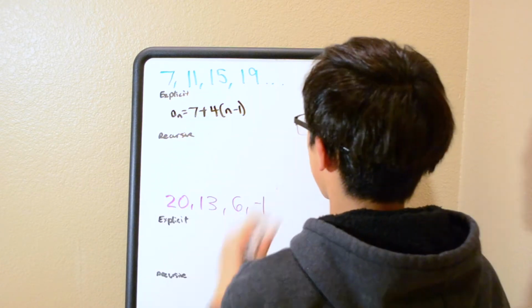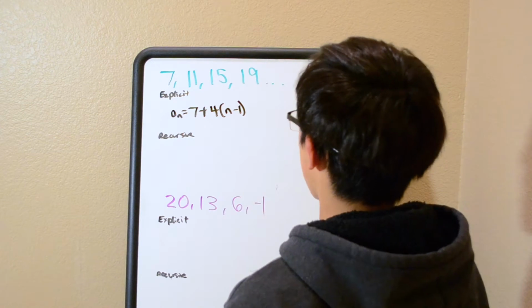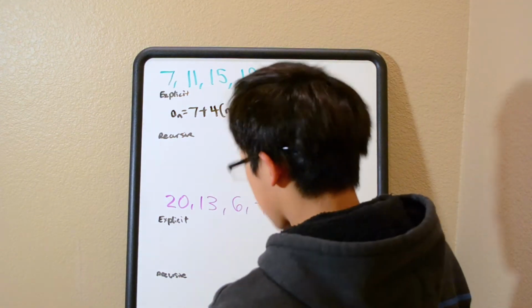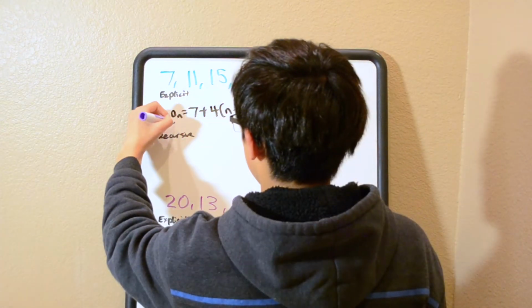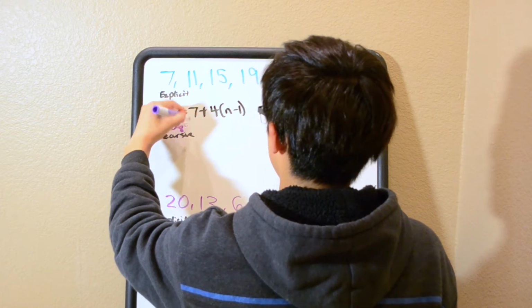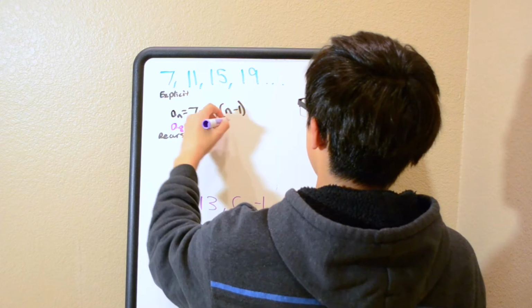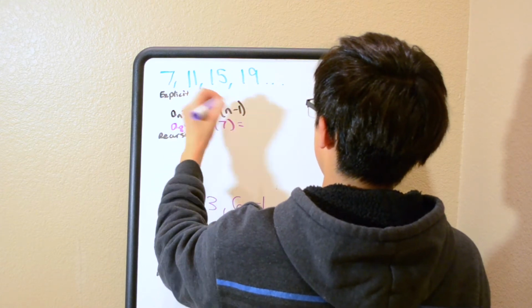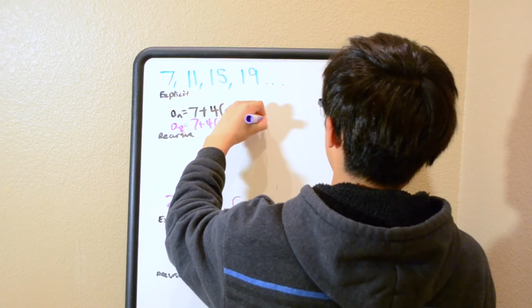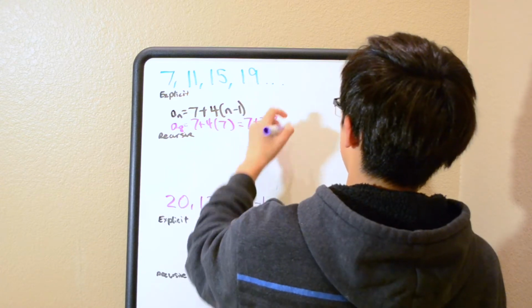Let's say we wanted to find the 8th term in this sequence. So we plug in 8 as n, so a sub 8 is equal to 7 plus 4 times 8 minus 1, which is 7, which is equal to 7 plus 28, which is equal to 35.